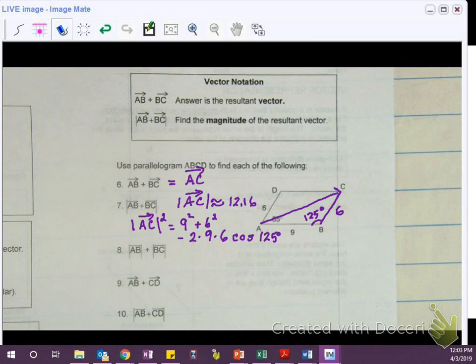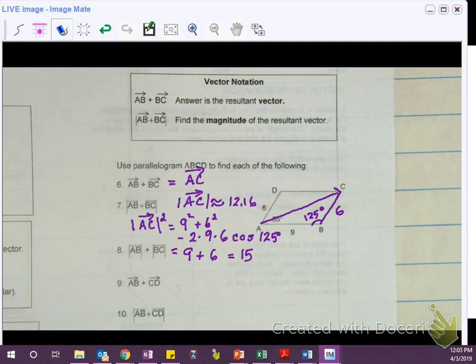For this one, we know the magnitude of AB is 9, and the magnitude of BC is 6. So this is equal to 15. That is a 6, right? Not an 8? Okay.